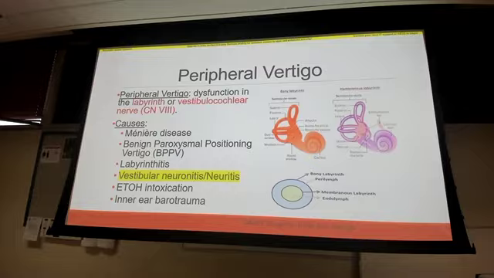So they recently did an update. So vestibular neuronitis and neuritis are the same thing. Labyrinthitis is something different. And then alcohol intoxication, you know, if someone is too intoxicated, they can lose their balance. And then inner-ear barotrauma as well can also cause this peripheral vertigo.